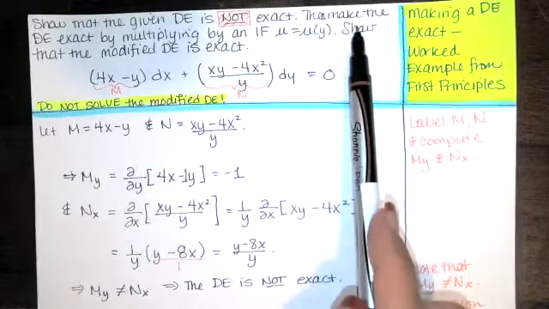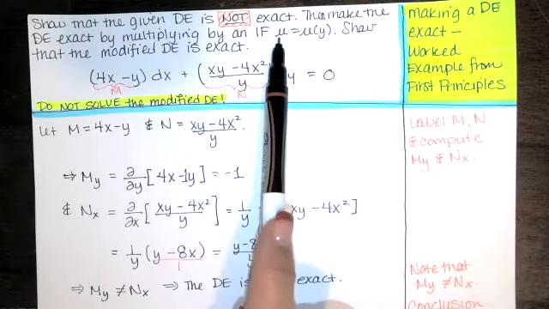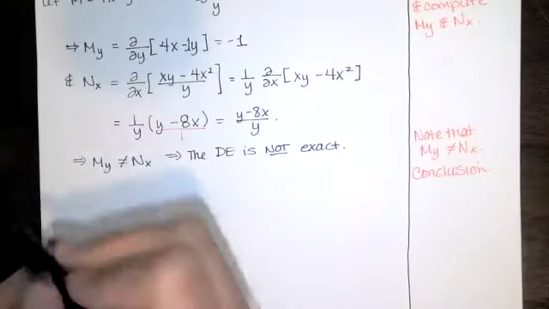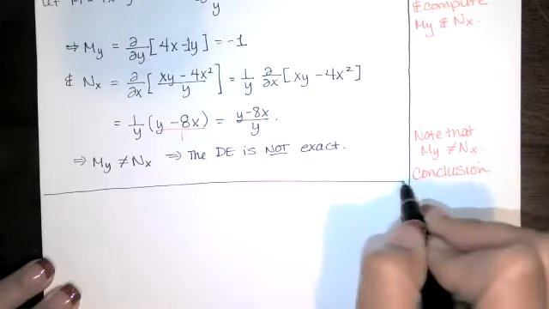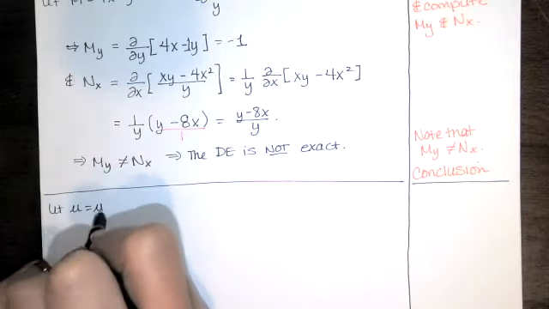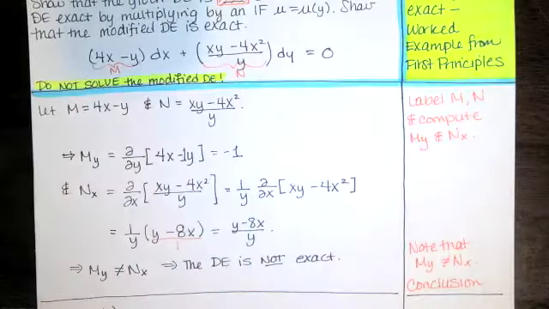Then we're asked to make the differential equation exact by multiplying by an integrating factor where that integrating factor depends on y alone. So I would start by letting mu be a function of y, and then taking this differential equation and multiplying by mu of y.